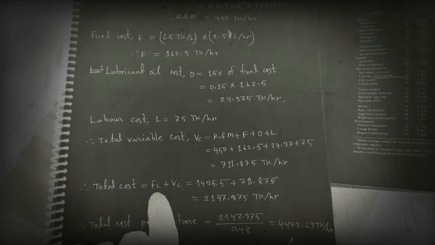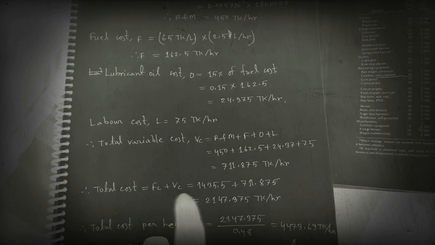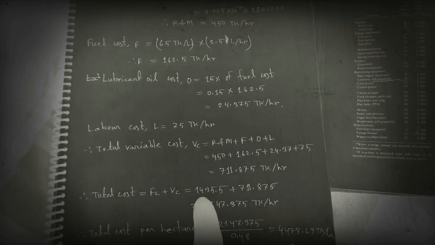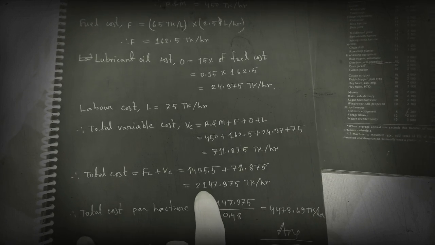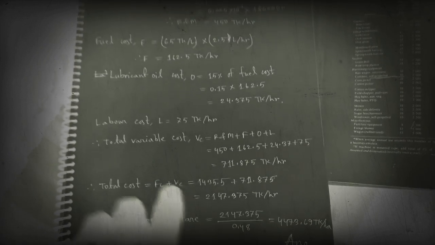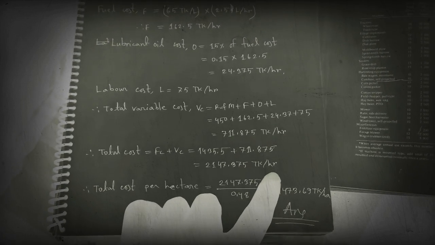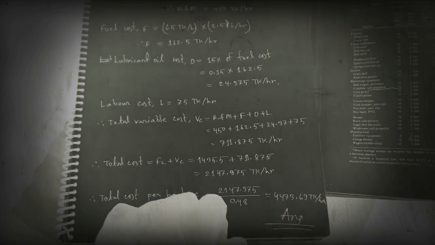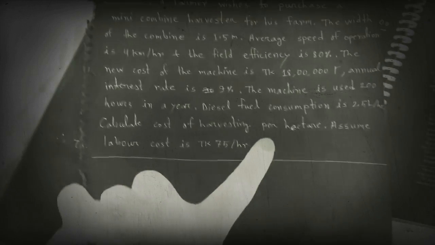And total cost is equal to fixed cost plus variable cost. So fixed cost plus variable cost is 2147.375 taka per hour. So the total cost is taka per hour. They said to calculate the cost of harvesting per hectare.